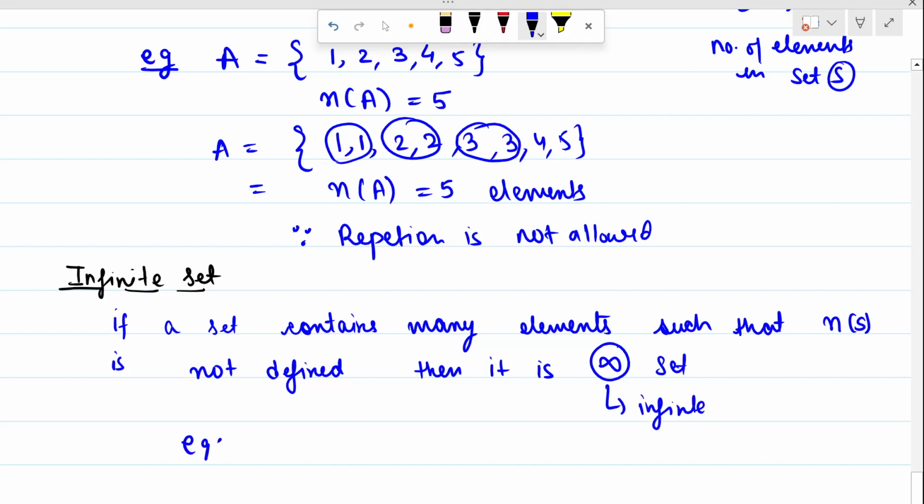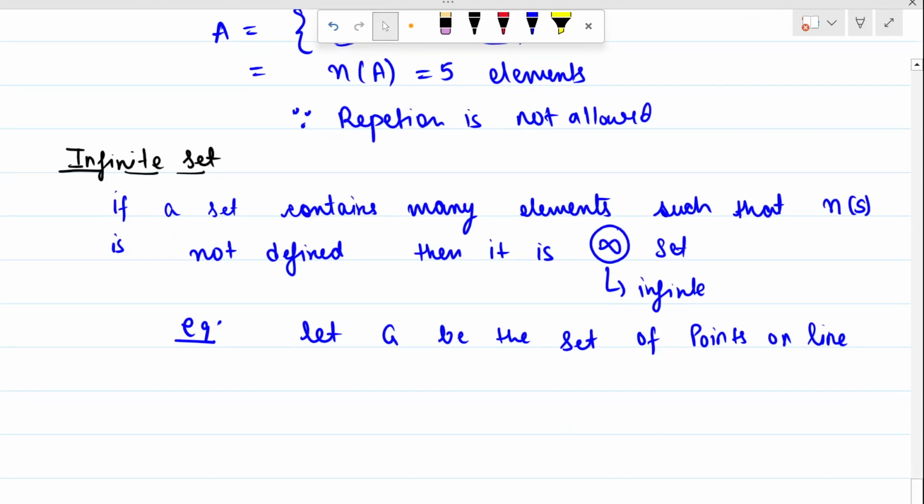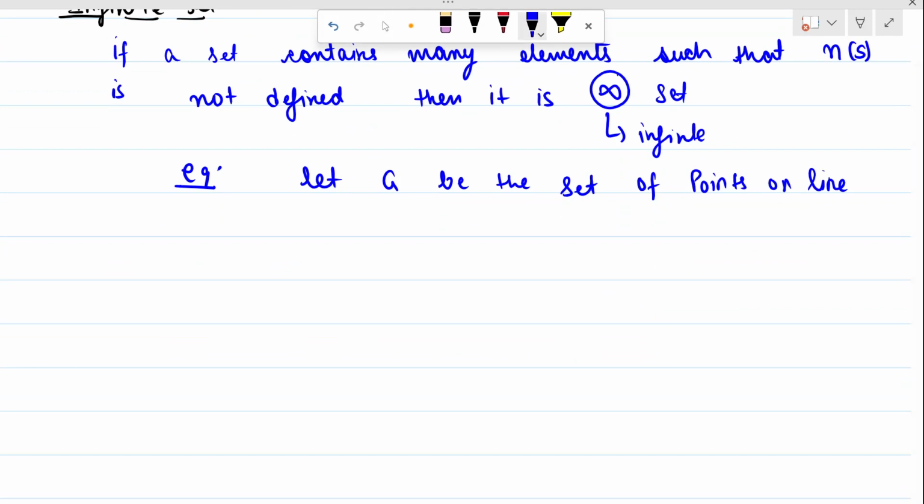For example, let G be the set of points on a line. Then n(G) is not defined, or n(G) contains infinite elements.